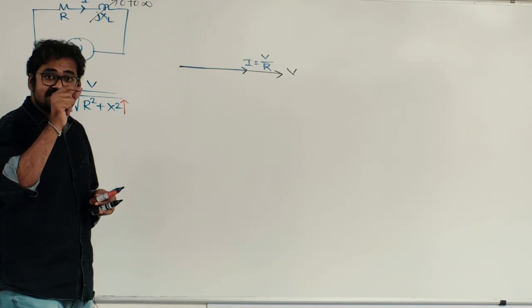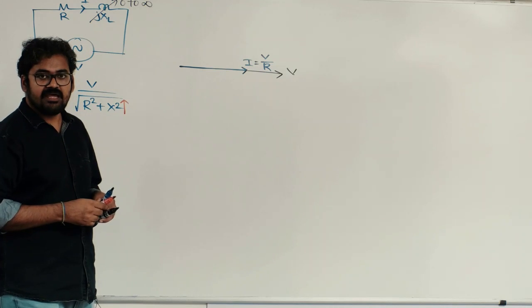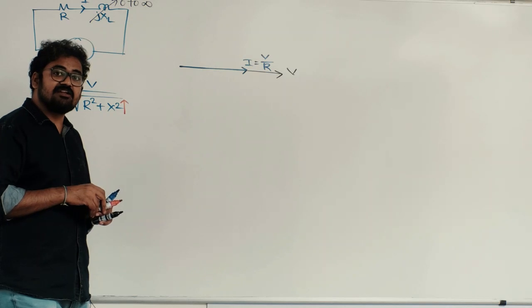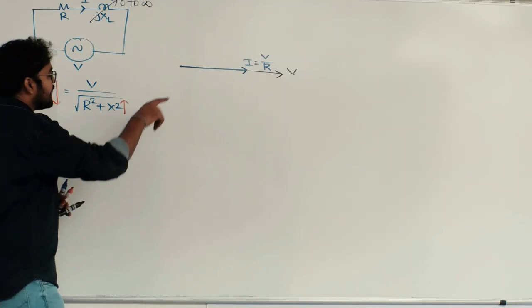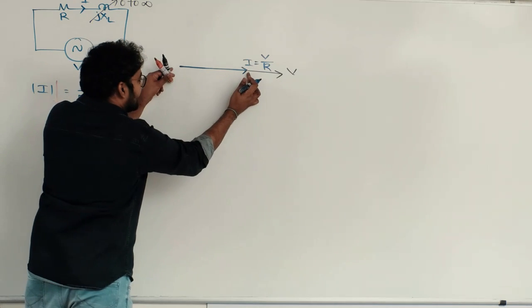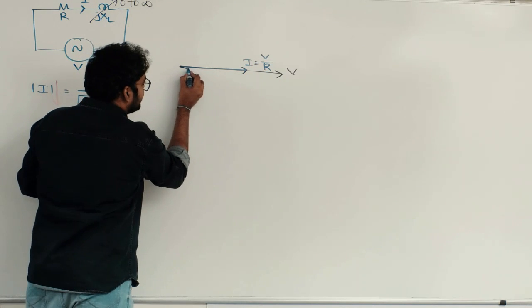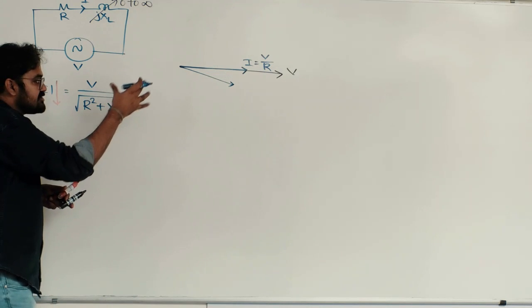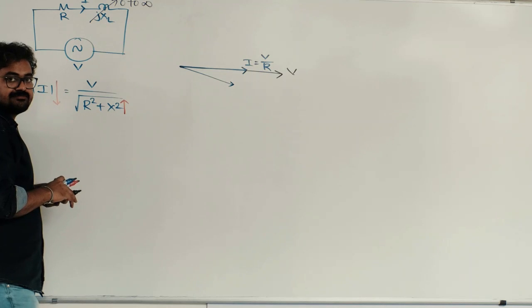Yes, circuit will be slightly inductive as well. When it is slightly inductive, current will be in phase with voltage or current will lag the voltage? Definitely current is going to lag the voltage. So, magnitude of the current will decrease and it will lag the voltage like this. You see, definitely the vector length reduces and also it is lagging the voltage.